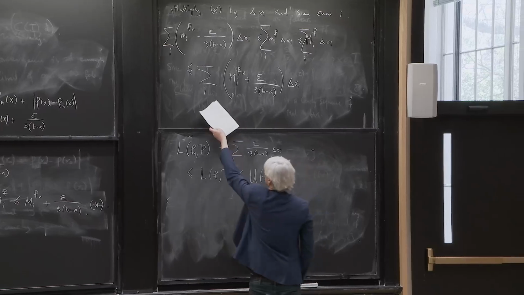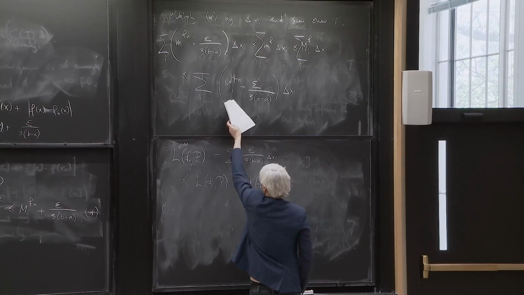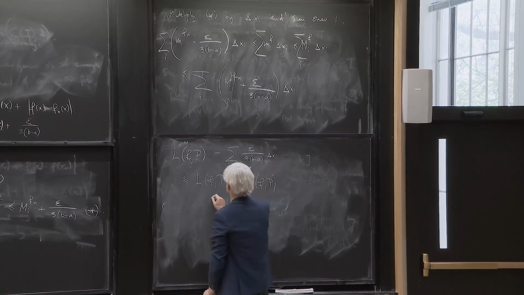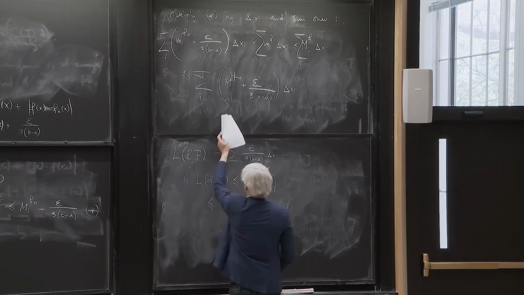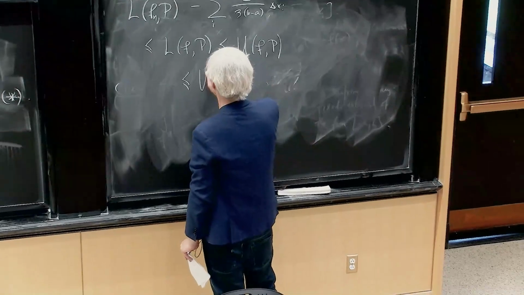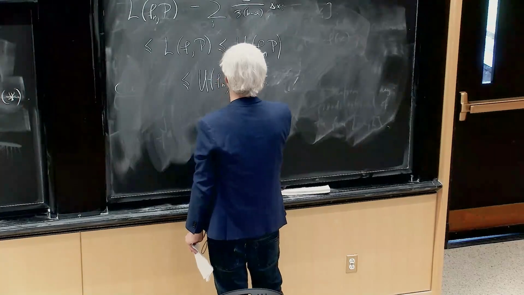Right, so now when you multiply this bracket out, the first term you get is less or equal to the first term you get there when you're summing over the i. That's exactly U(f_n, P).